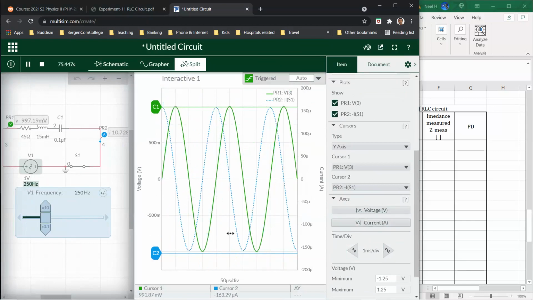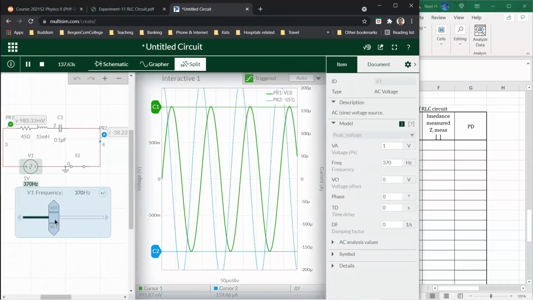Voltage is still about the same. Now I changed the frequency to the 4200 level, and voltage doesn't change at all. But the current seems to be changing much. Right now, current is about some hundred or so microamps.